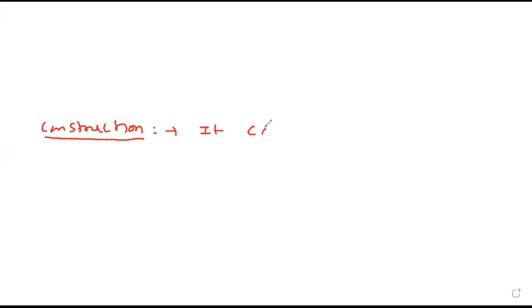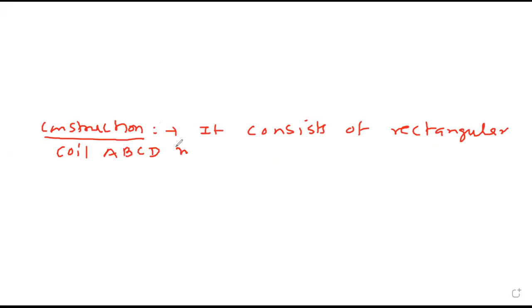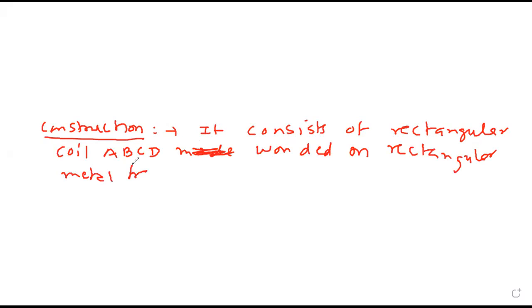It consists of a rectangular coil ABCD wound on a rectangular metal frame such as aluminium and copper.